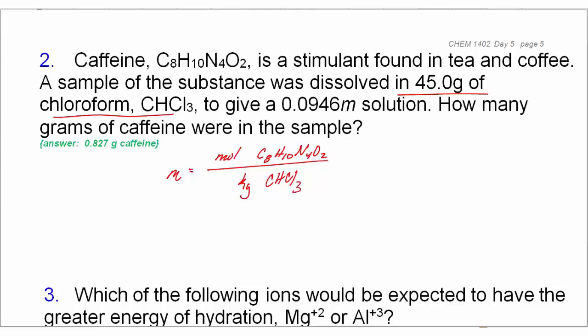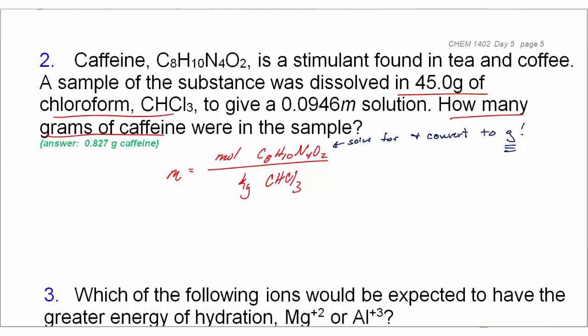And what they're after is how many grams of caffeine there are. So can you see the game plan? We're going to solve for this and convert to grams, because we know everything else.